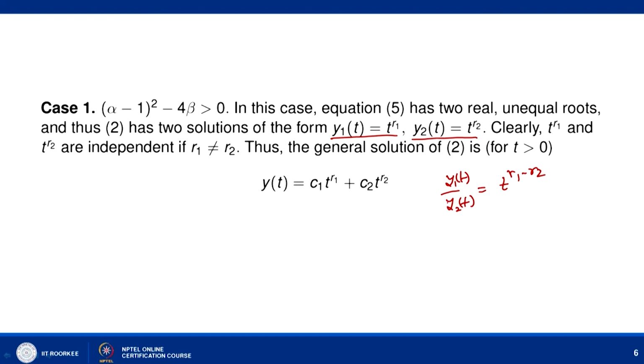So, y1 and y2 are linearly independent solutions. If r1 is not equal to r2, we can say that y1 t equal to t to power r1 and y2 t equal to t to power r2 are linearly independent solutions. So, we can write our general solution like this: y t equal to c1 t to power r1 plus c2 t to power r2. Please note that here we are assuming that t is greater than 0.